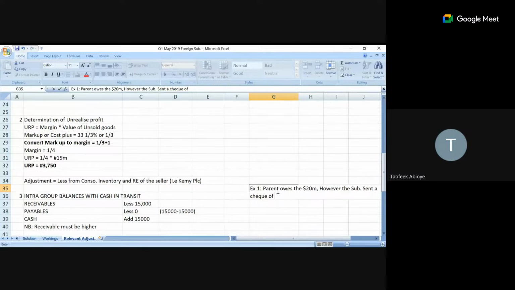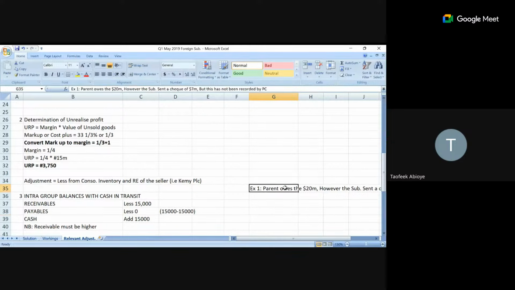Subsidiary sent a check of 7 million, but this has not been recorded by the parent company. So this is the example I created.